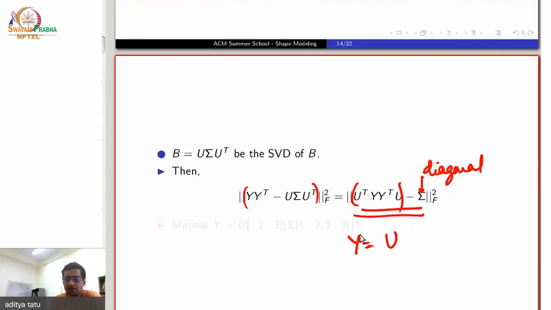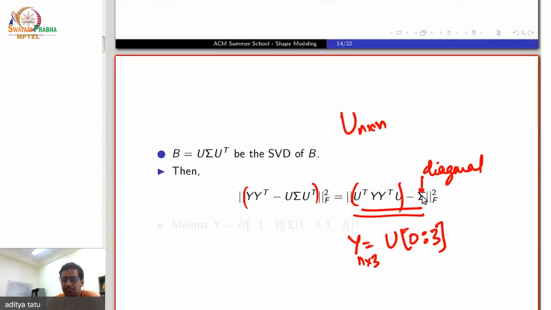But of course, remember, Y has to be of size n cross 3 only, whereas U will be of size n cross n. So what I can do is, I'm going to go with Python notation, I can pick the first 3 columns of U. Right? That is going to ensure that I get basically an identity matrix.